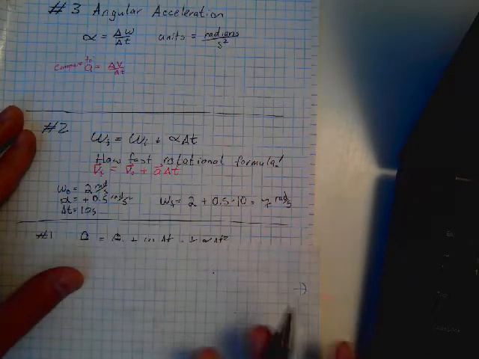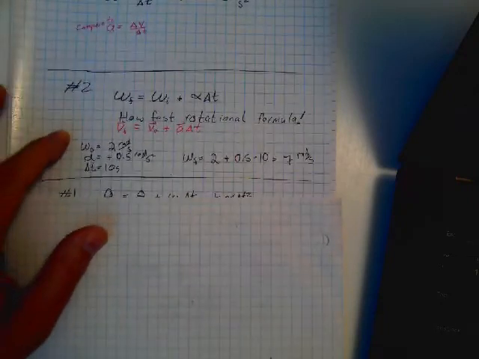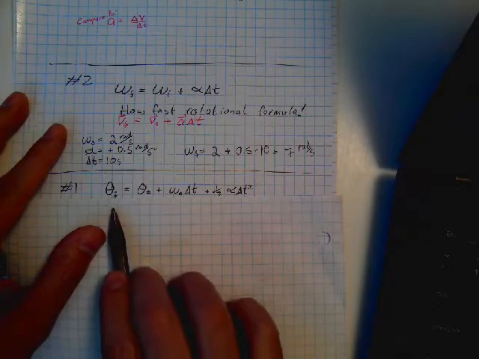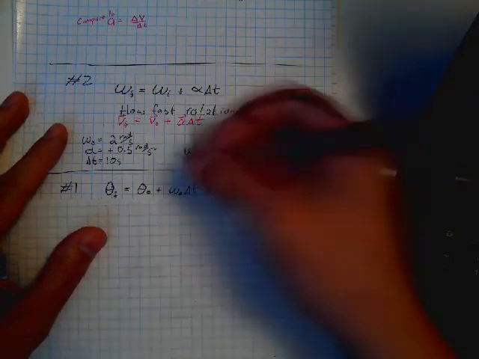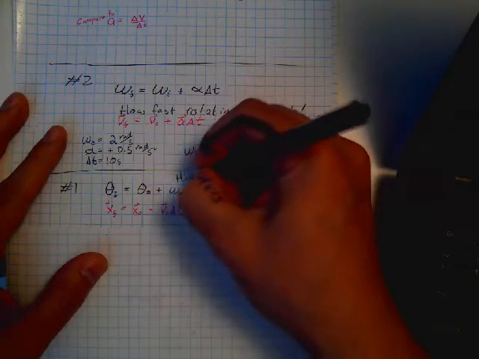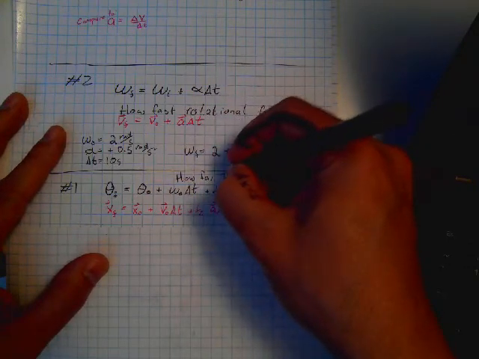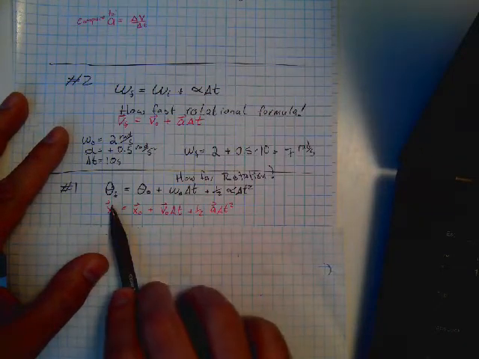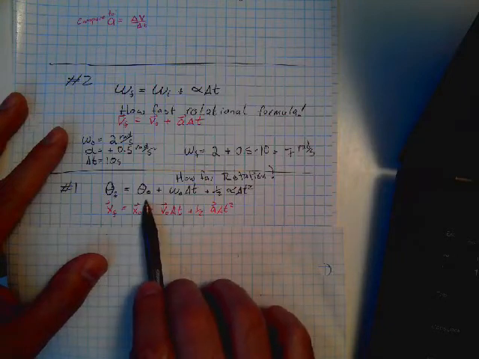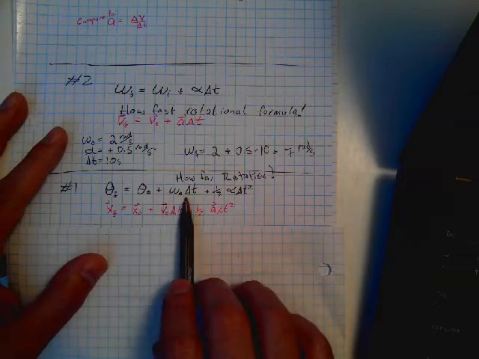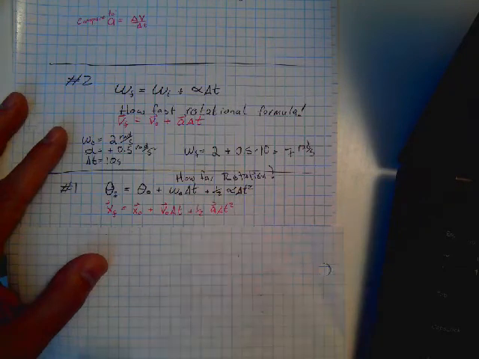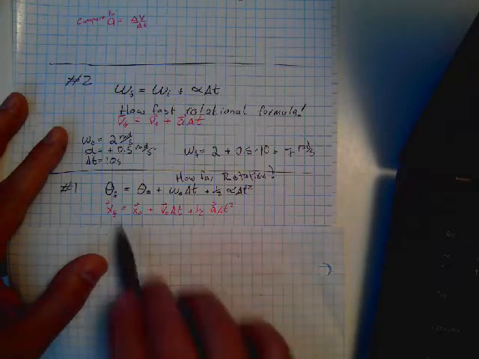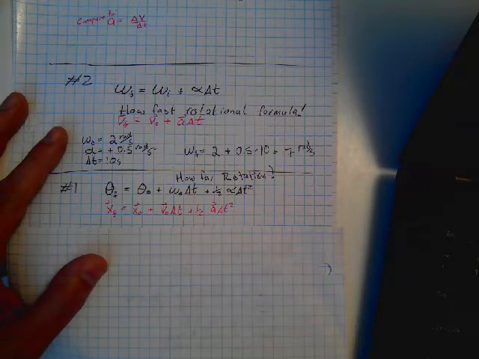My number one all-time angular rotational formula for kinematics is a how far formula for rotation. So our final position is equal to our initial position plus our initial angular velocity times time plus 1/2 times our angular acceleration times delta t squared, just like our how far formula from way back when.